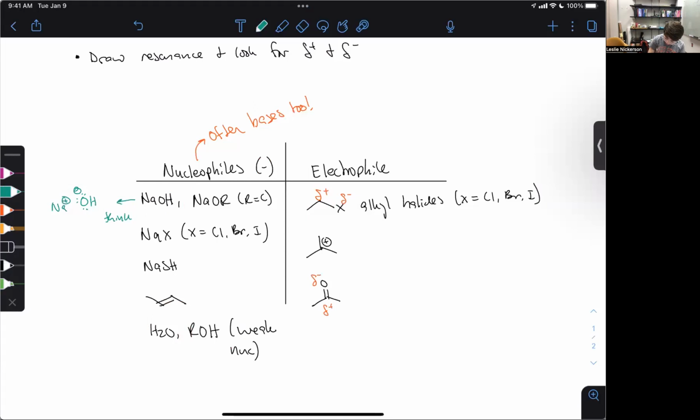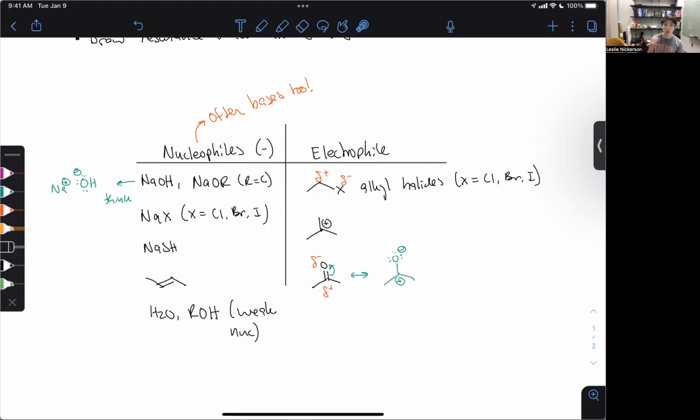But we also want to consider the fact that we have that resonance structure for all carbonyls. All carbonyls can do this, where we can move the pi bond up onto the oxygen, and then we make that carbon positive. Okay, so this is significantly more electrophilic than something like a carbon attached to an oxygen in an ether, for instance, right? So that's going to be another good electrophile that we can use.